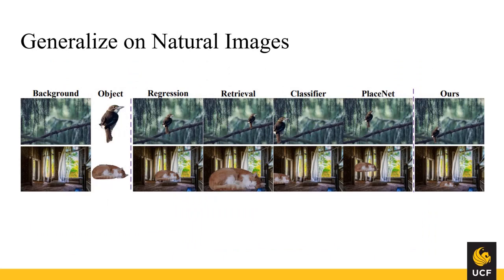We also test our Pixabay model on natural images without in-painting artifacts. And here's the result. As we can see, our method predicts good location and scale for the bird and the cat.